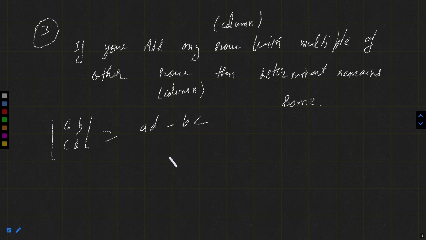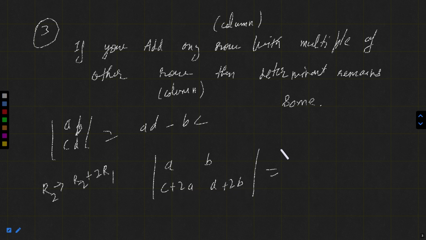Now you do a row operation: R2 becomes R2 plus 2 times R1. So row 2 will be C plus 2A, D plus 2B.